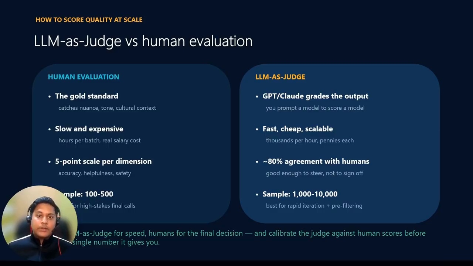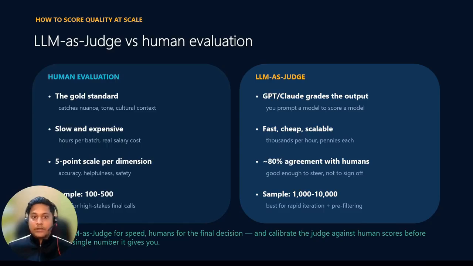So how do you actually score AI quality at scale? Because accuracy above 85% sounds great until you realize somebody has to judge thousands of outputs. Human evaluation on the left is the gold standard and it stays the gold standard always, right?